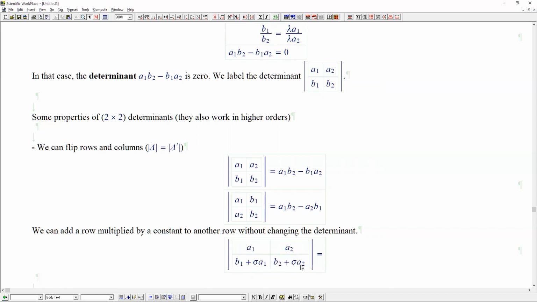Then the determinant of this would be A1 times (B2 plus sigma A2) minus A2 times (B1 plus sigma A1).